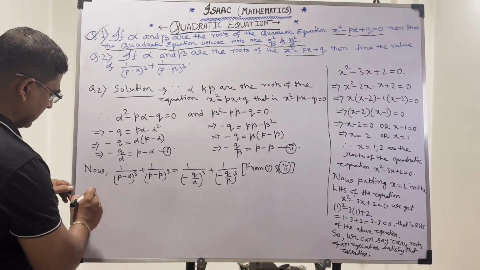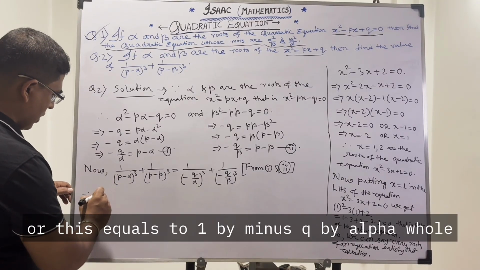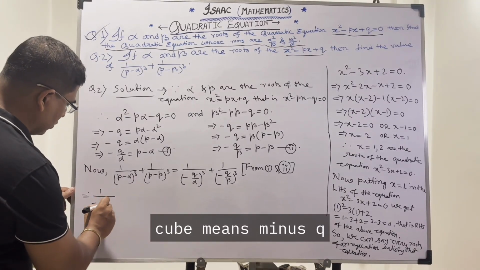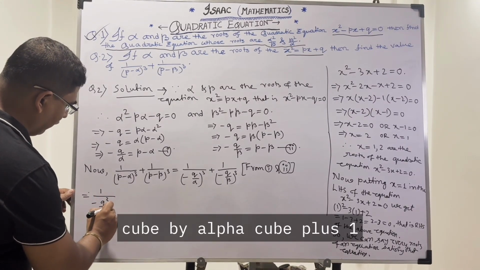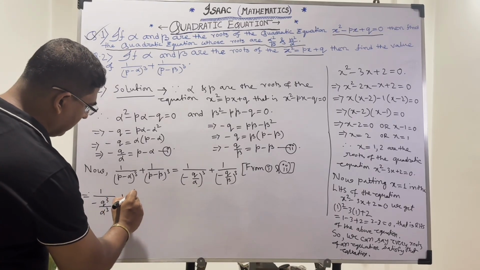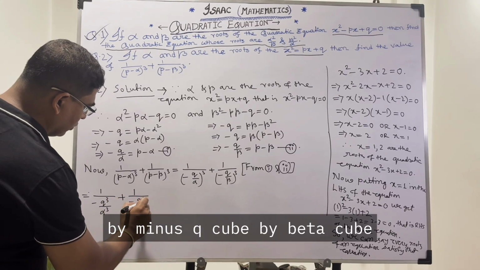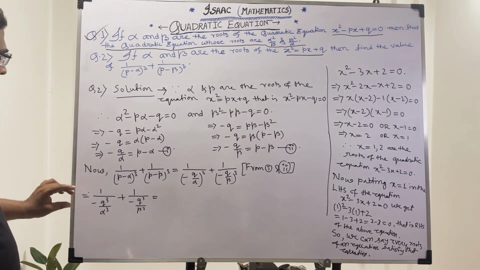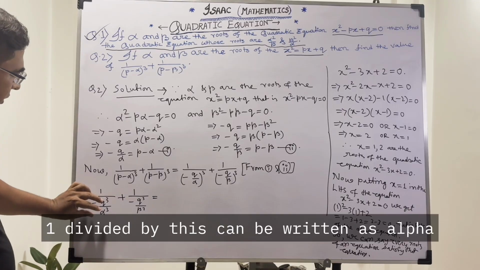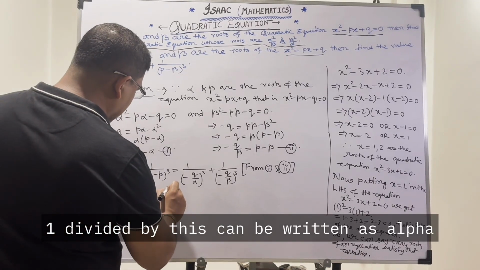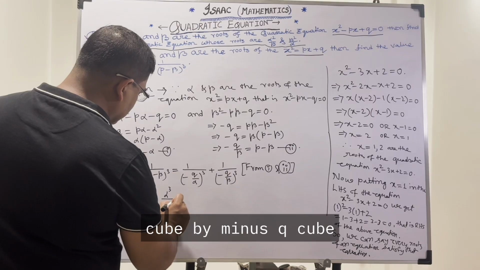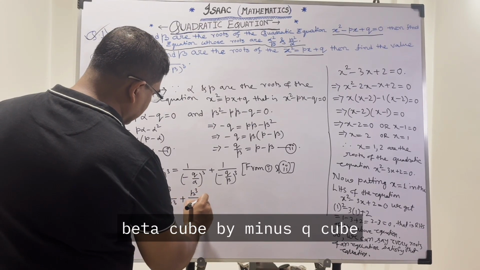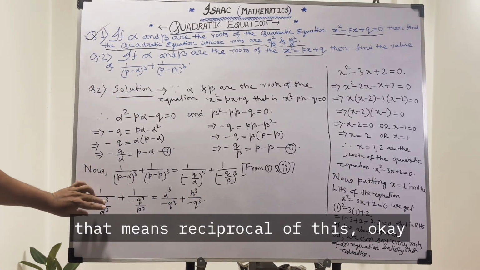This equals 1 by minus q cube by alpha cube plus 1 by minus q cube by beta cube. 1 divided by this can be written as alpha cube by minus q cube plus beta cube by minus q cube. That means reciprocal of this.